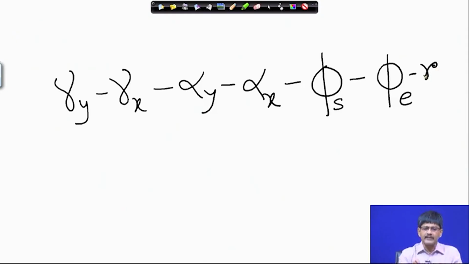Now, I would not like to follow this particular nomenclature, because as you would see, there are certain problems with this. For example, there is no information about the auxiliary flank, and secondly, we might have problems with such a definition if we use alpha y, alpha x together.